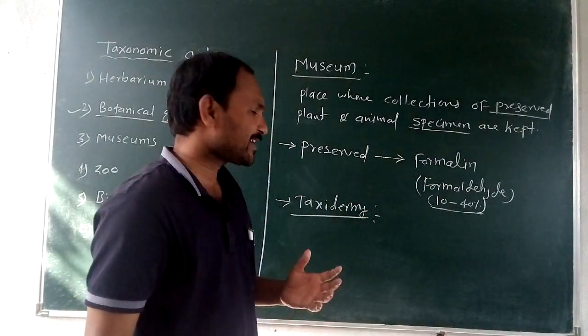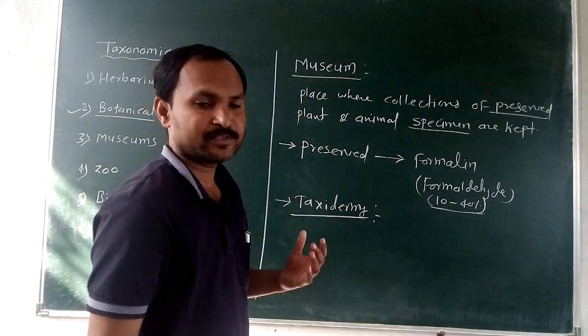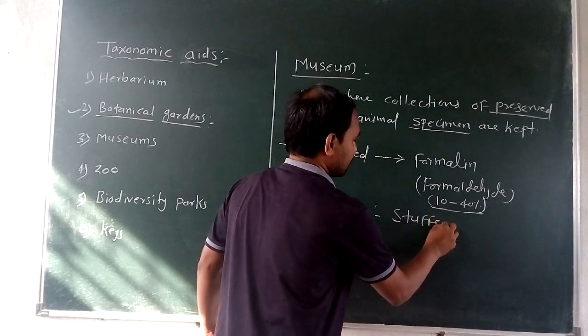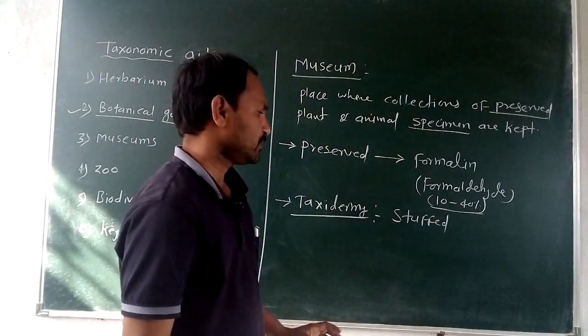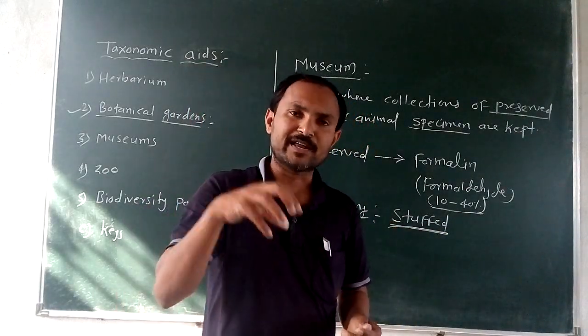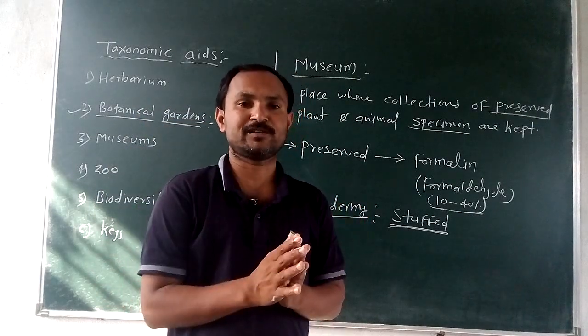How can we preserve these large birds and mammals? By the stuffed method. After stuffing they can be preserved. What is the meaning of stuffed? Stuffed means that the animal or bird is filled with a special material.